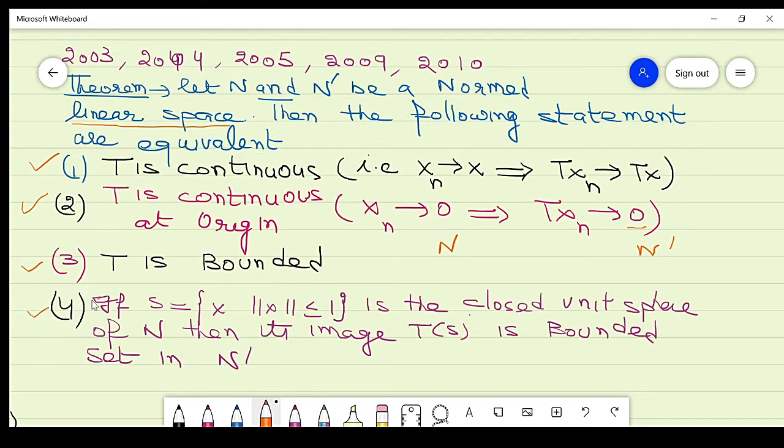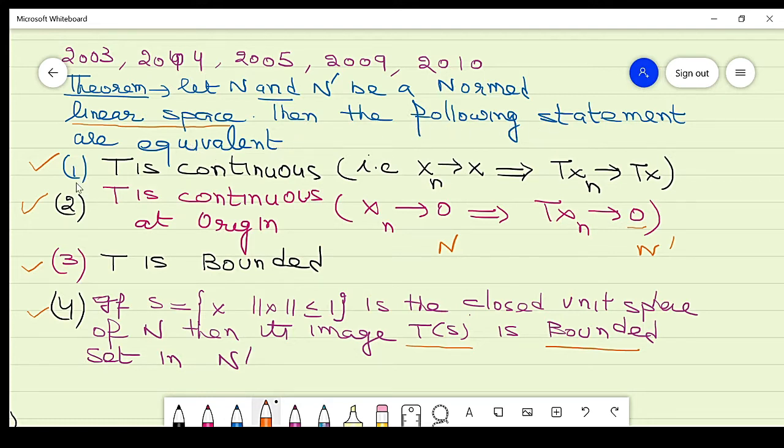Fourth, if S is the closed unit sphere of N, then its image T of S is a bounded set in N dash. So these are the four properties, and my aim is to prove that the following statements are equivalent.